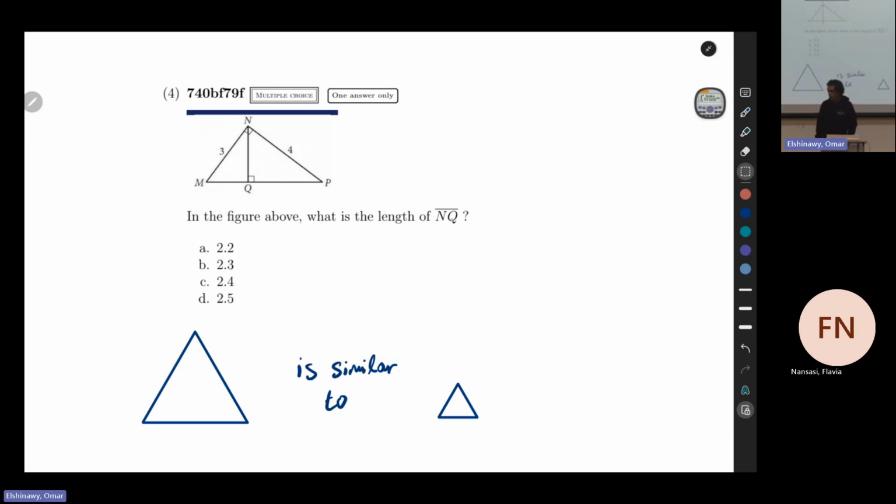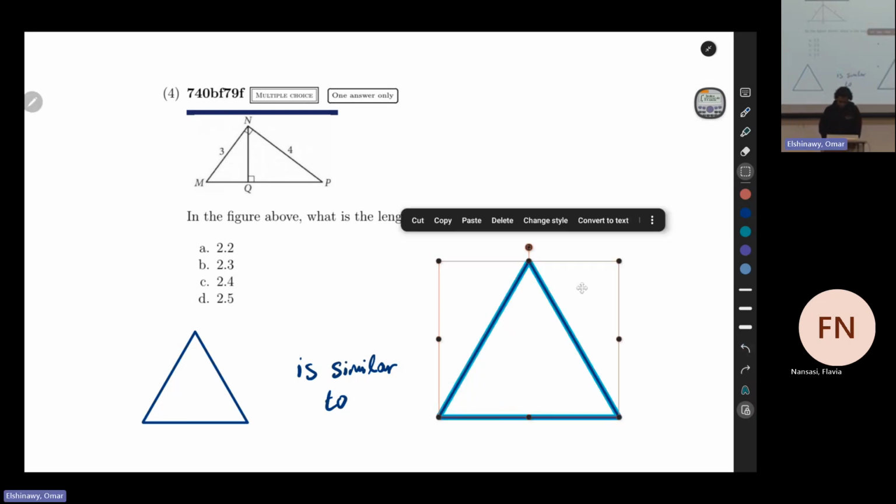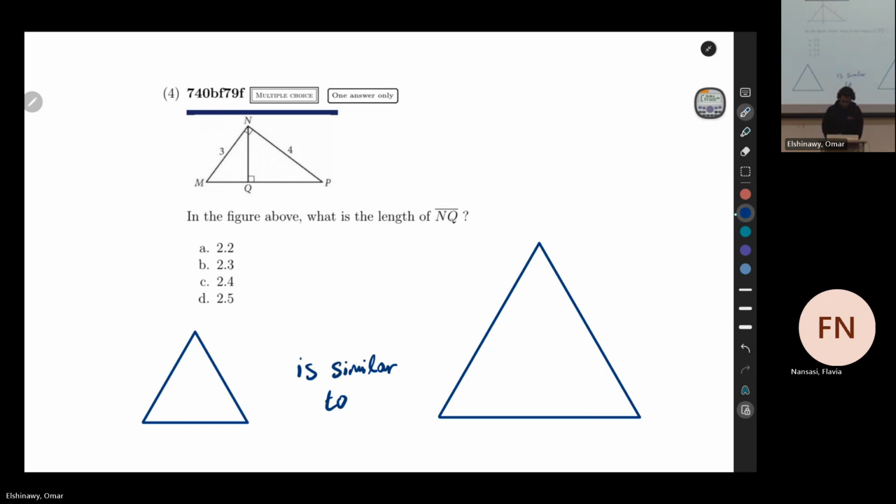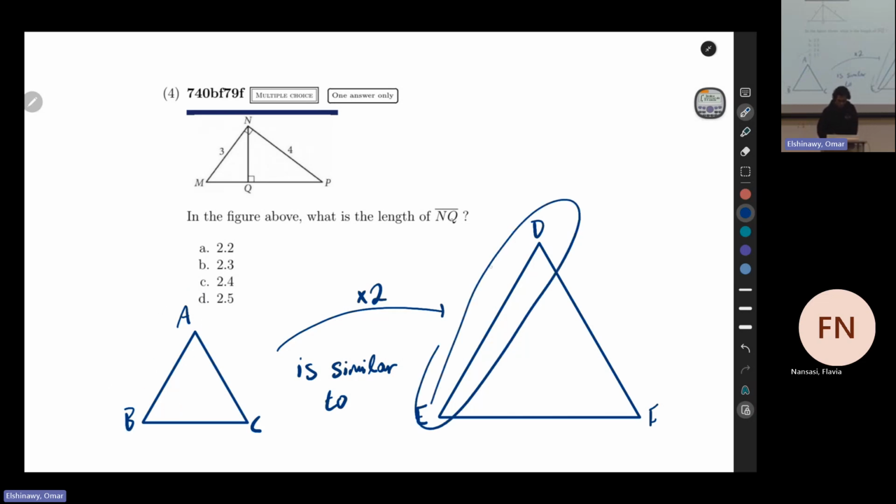When I say similar, I mean the angles are preserved, but the ratio between the sides, the scaling, is different. So for example, if I take the same triangle and scale it by 2, then the length of this side is half of this side.